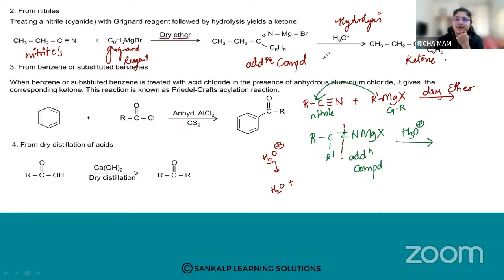So it will undergo hydrolysis, and here your oxygen and here your OH. So H plus and OH will be added. So you should get a ketone here, R C R dash double bond O, plus Mg, X and OH. So this is the reaction.